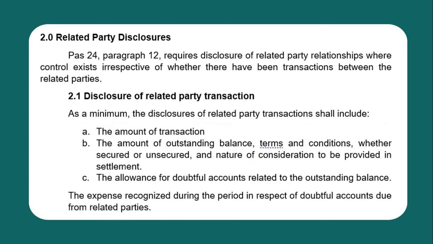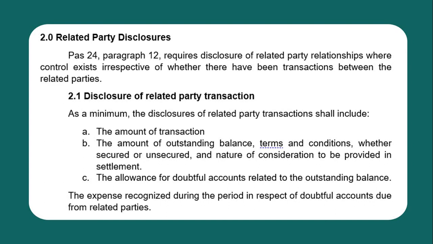So with those related parties, of course, when there is a transaction between those related parties and the reporting entity, then there will be what we call related party transactions. So now, what will happen if there are related parties and at the same time there were transactions with related parties?